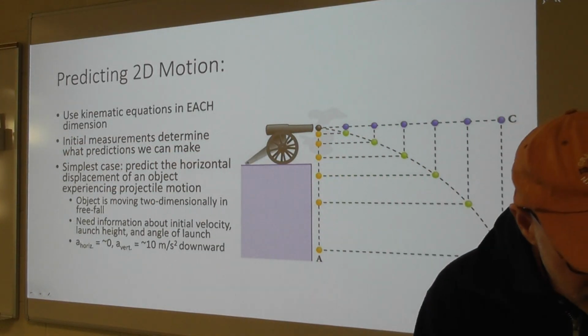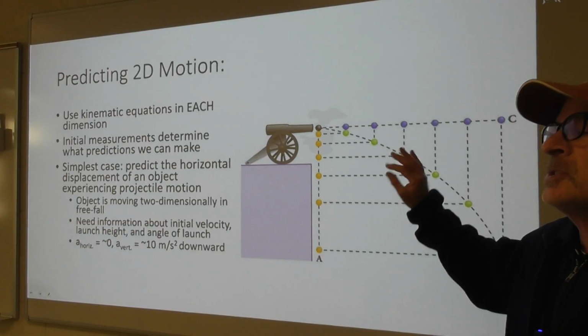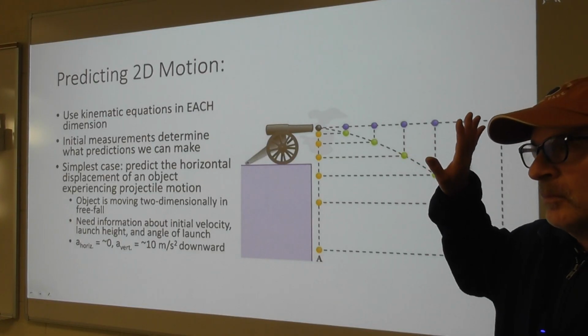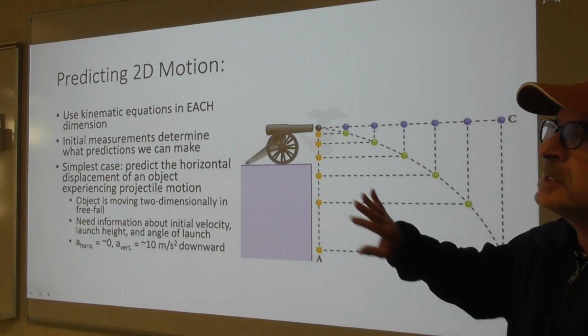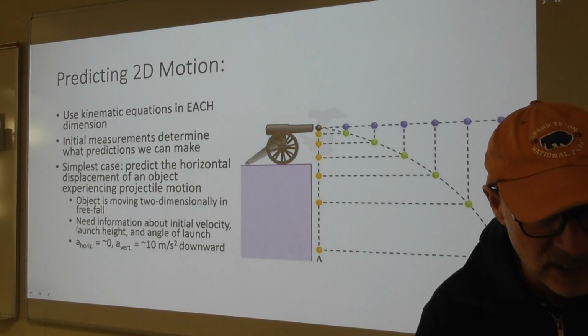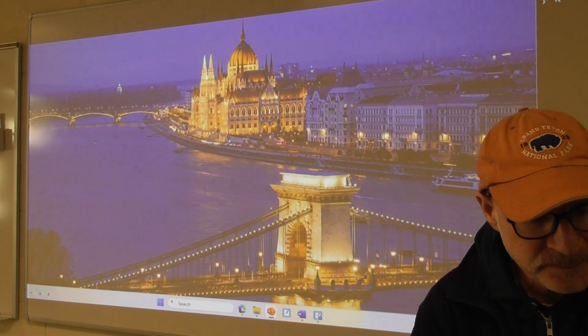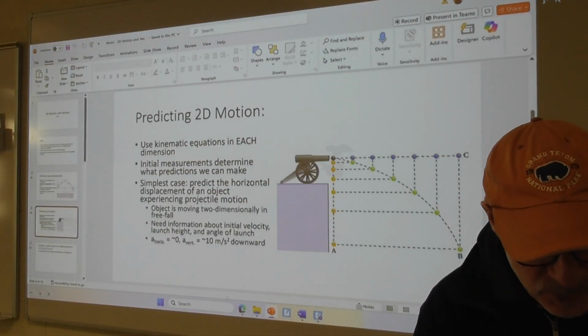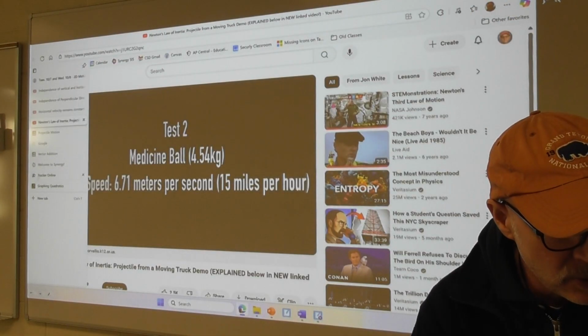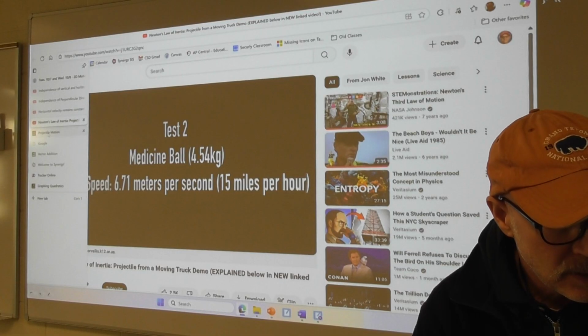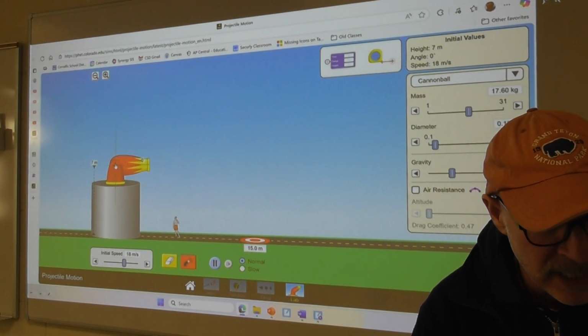So here, I'm just going to show you a couple of quick things, and then you're going to have a chance to get started with some work. Here is what it looks like if we launch something at a horizontal angle.